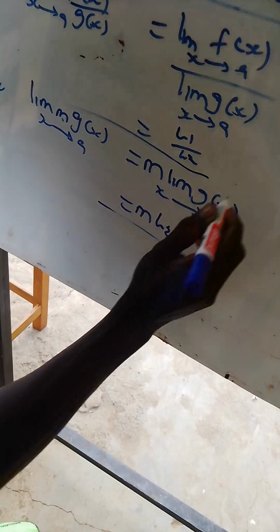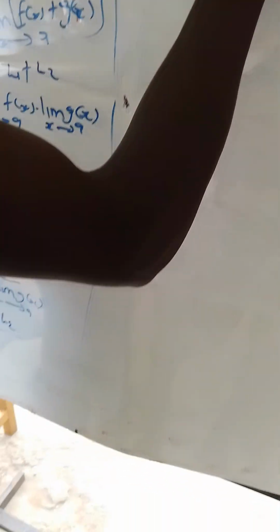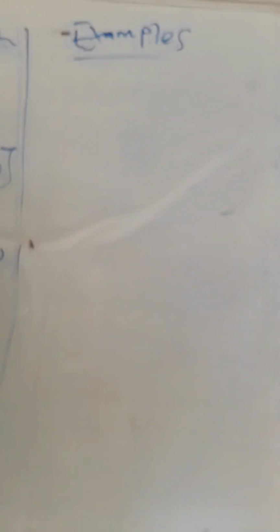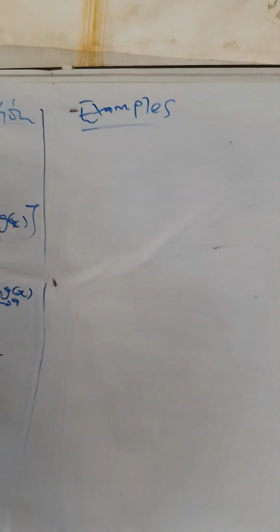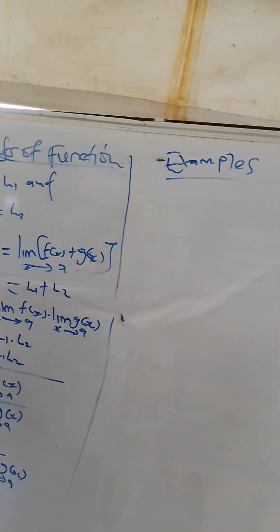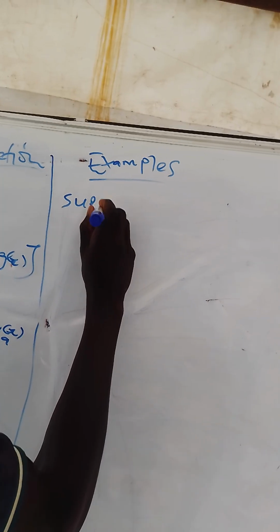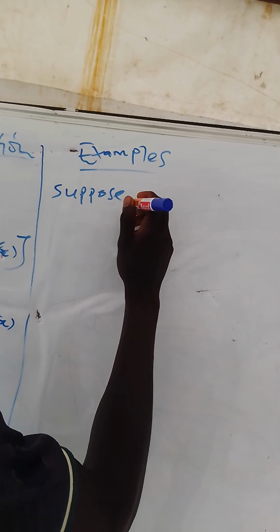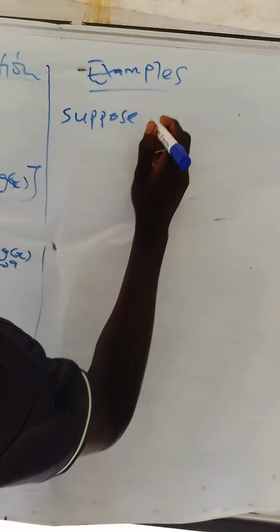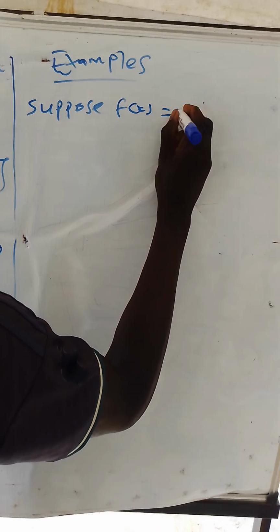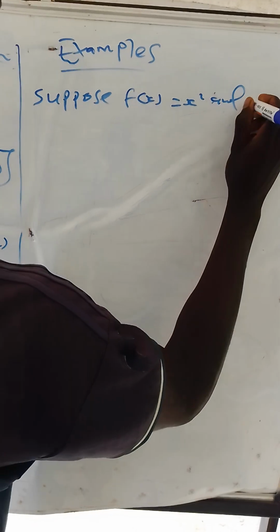So members, we are going to look at examples to understand these properties more. Our example 1 says, suppose that f of x is the same as x squared, and g of x is the same as x squared minus 1.